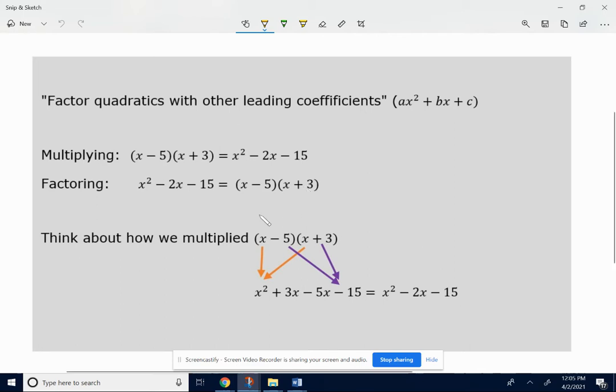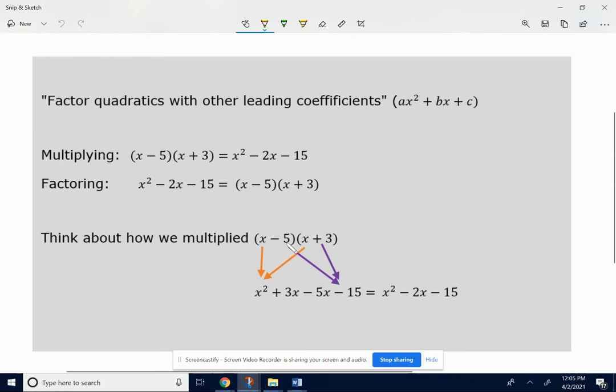When we talk about going backwards and factoring, I'm going to show you a trick called trial and error. To use trial and error to factor something that looks like this, think about how we use the FOIL method, and where the pieces of our answers come from.